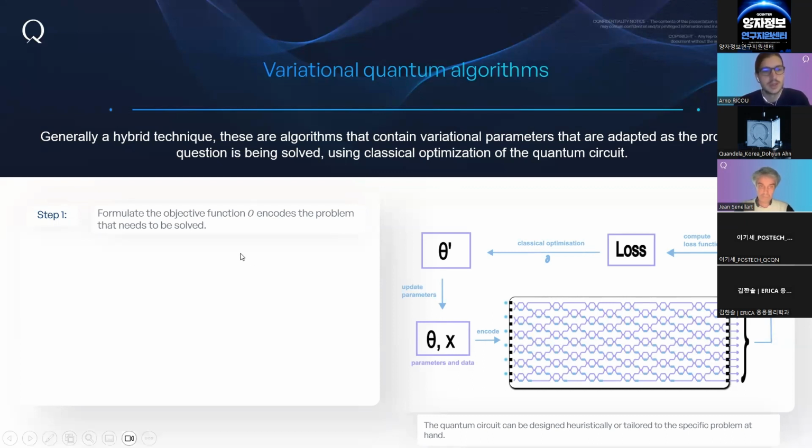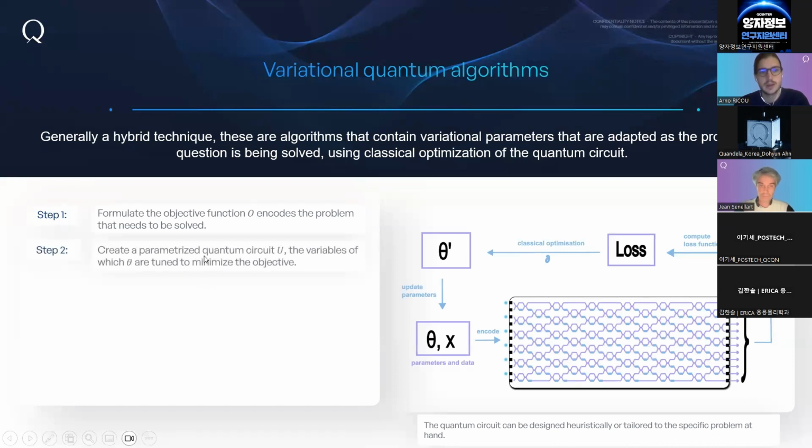A bit more concretely, the first step for designing such an algorithm is to have a cost function O that encodes the problem that needs to be solved. This is represented on the scheme by f theta of x.